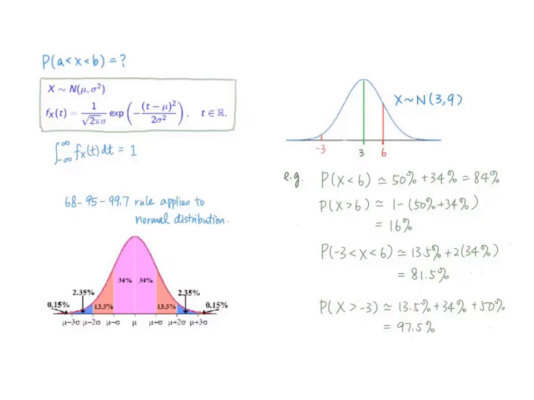If the event concerned has an interval which relates with these locations, then we can obtain the probability accordingly with the use of these percentages, such as the examples illustrated here.